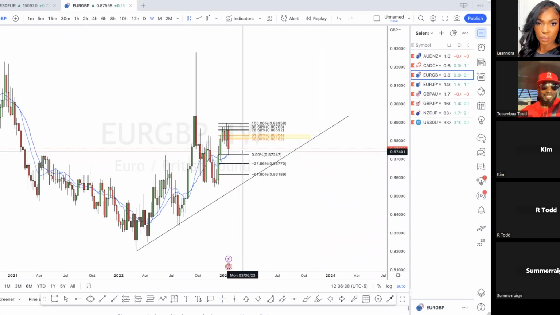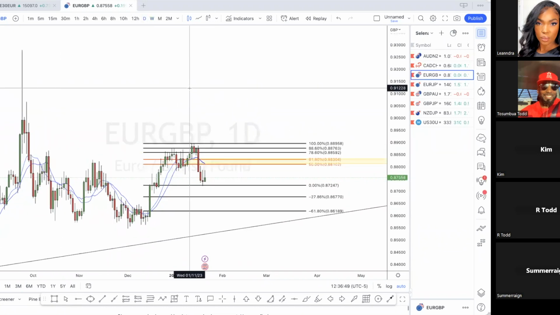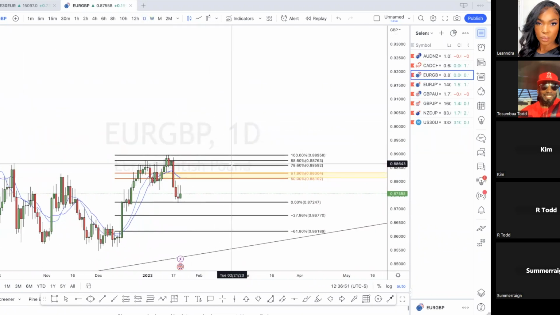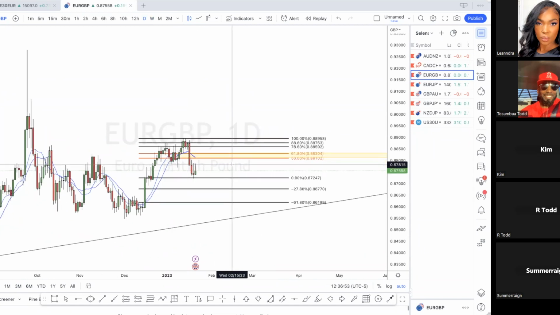And then we have imbalance down here. So if it pulled back at least to the 50% 618, let me look at the daily. It might even come back to the 78. Might create like a double top or something.